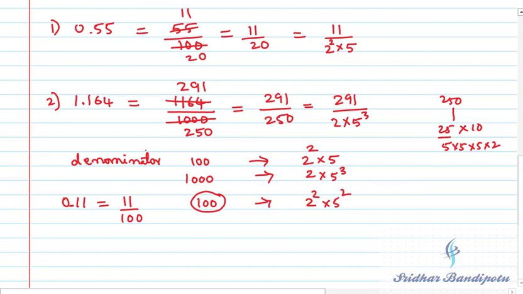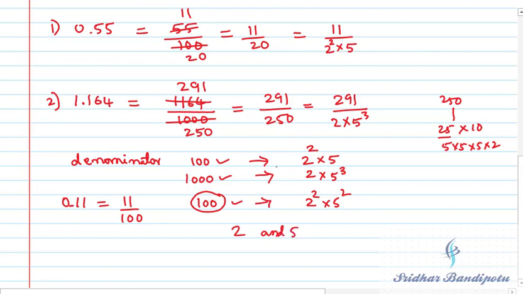Now whenever it is a terminating decimal, initially it can have the denominators 10, 100, 1000, so on, and later after doing cancellation, or even if you don't do the cancellation, you can see the factors are only 2 and 5.